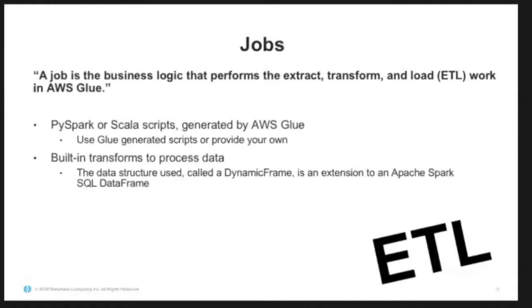Now, the data structure that Glue uses is something called a dynamic frame, which sits on top of an Apache Spark SQL data frame. The difference is that the data frame in Spark SQL requires a schema before you can load data into it, so think schema on write, and the dynamic frame actually doesn't. It's more like schema on read.